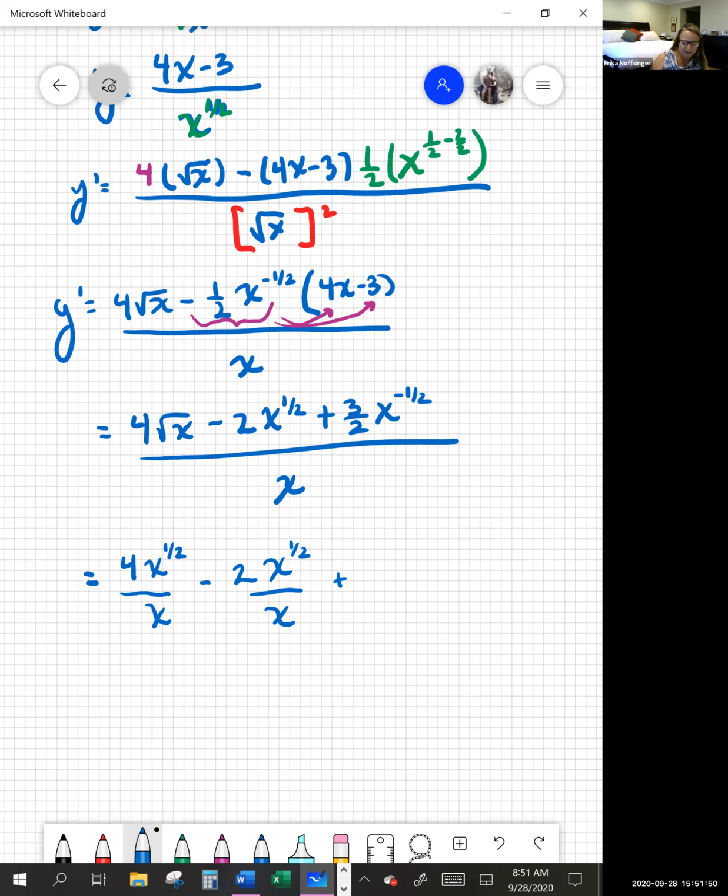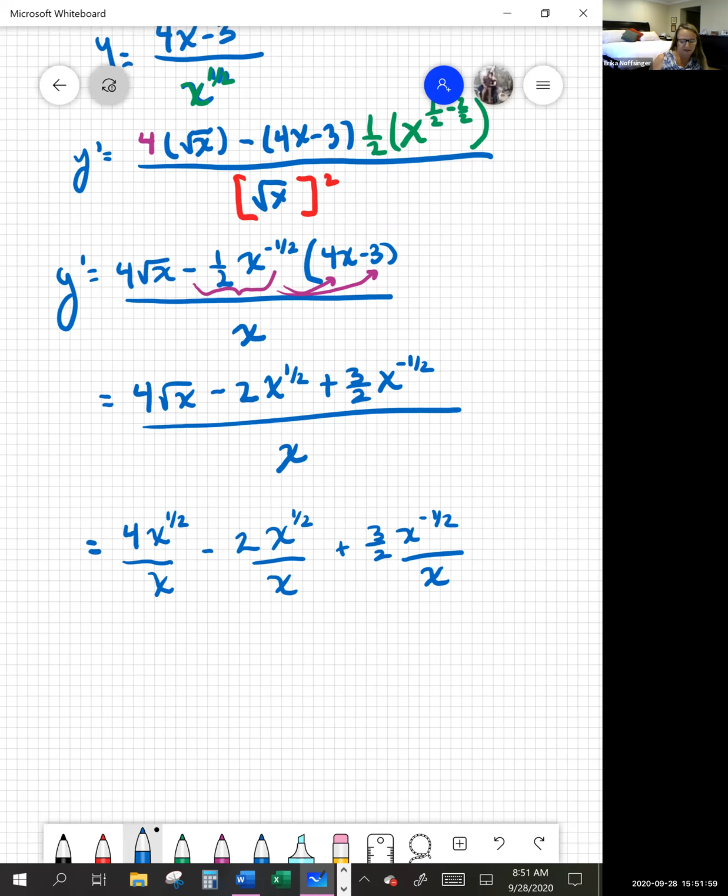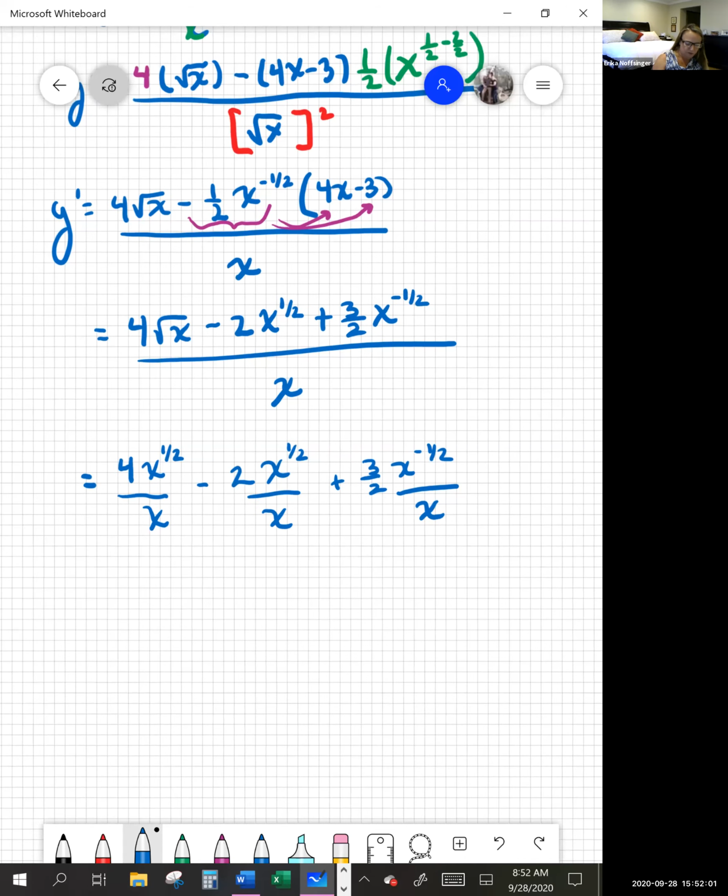Plus 3/2, x to the negative 1/2 power, all over x. So 4x, subtract exponents. So 1/2 minus this exponent of 1. So 1/2 minus 2/2 is negative 1/2. Minus 2, so 1/2 minus 1.